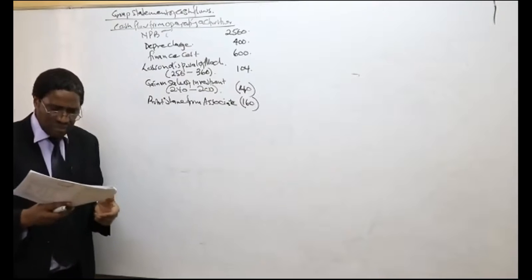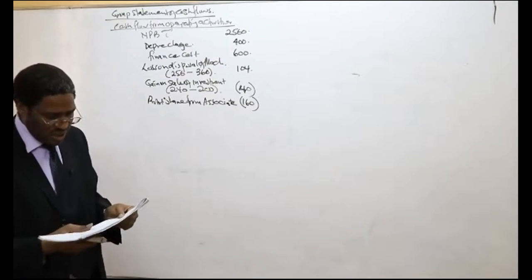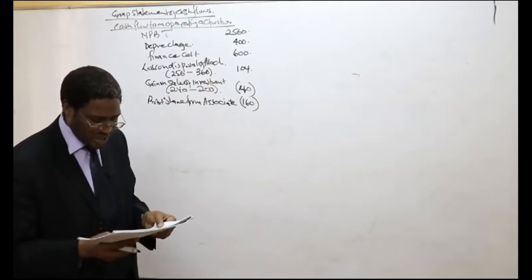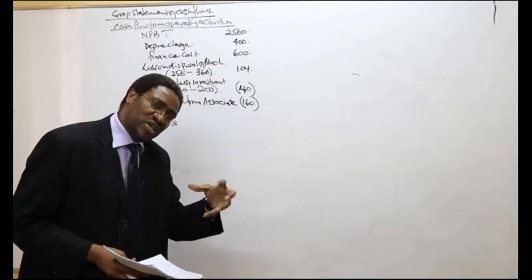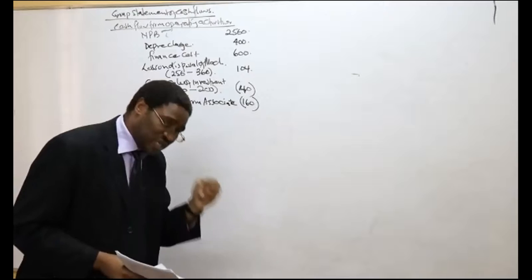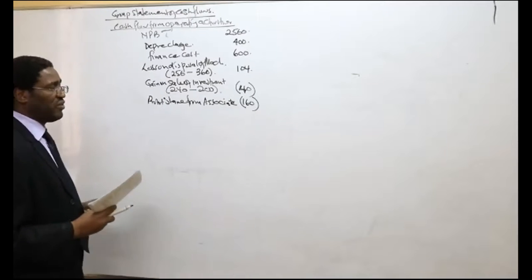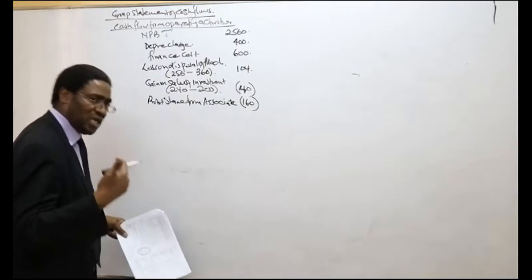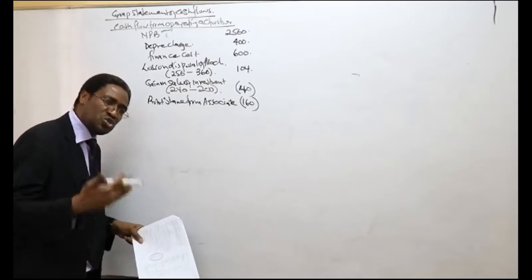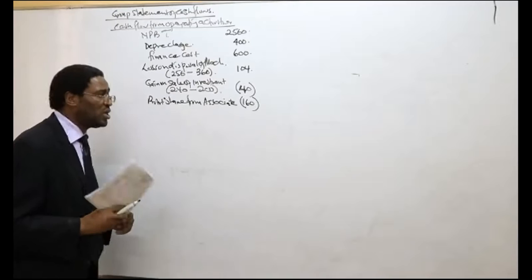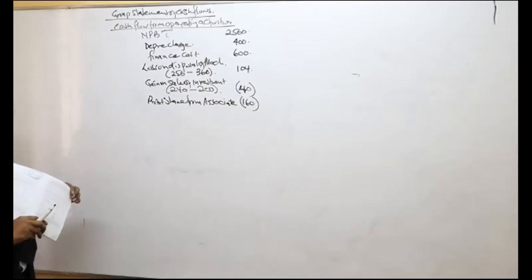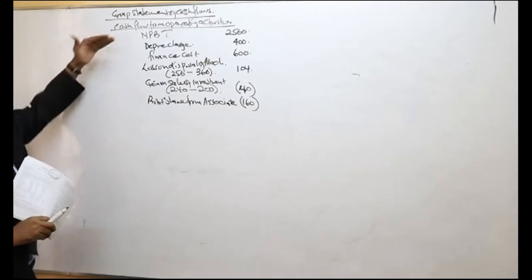From the same income statement, I can see there is what we are calling investment income. This is something you should know, and I hope you still remember even from your section 3, financial reporting. Investment income is not an operating activity item.